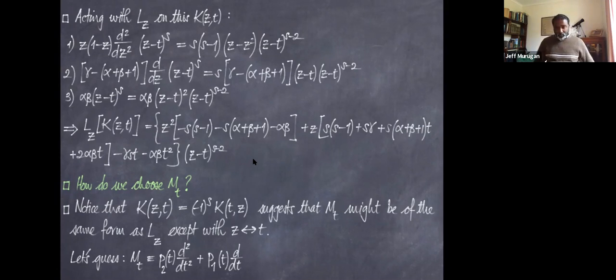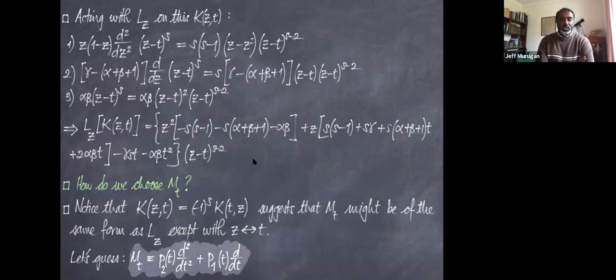Now we want to apply this to the differential operator. I'm not going to do it today, but I'm going to tell you what the strategy is. And we'll pick up again on Thursday. But here's my guess for what my operator is going to look like.